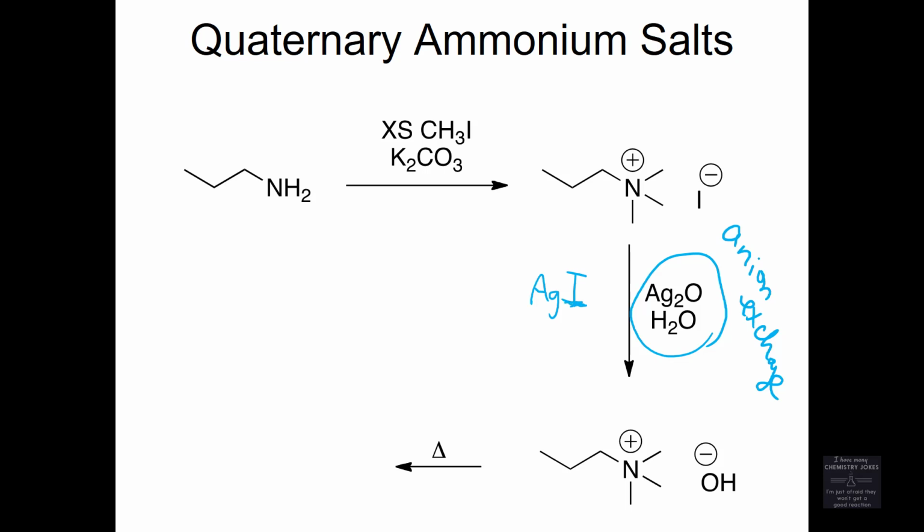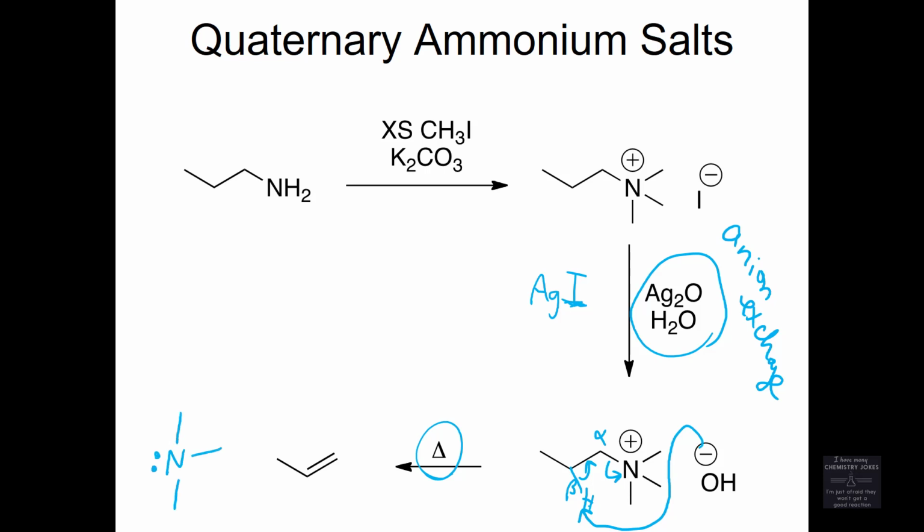Then when I heat this reaction, my alpha beta hydrogen can be taken, E2, to give me that product, and an N with a bunch of methyls.